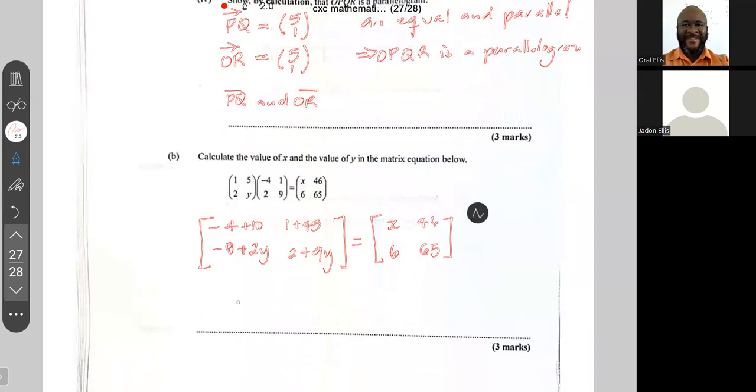Therefore, we're going to have 6, 46, -8 plus 2y, 2 plus 9y. This on the left is equal to on the right.